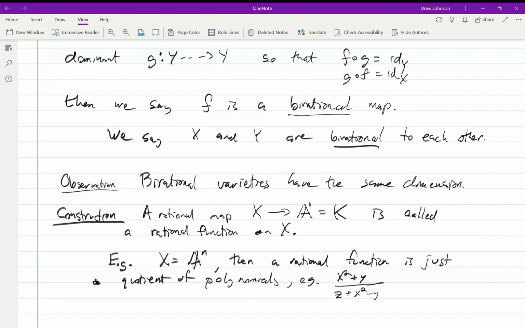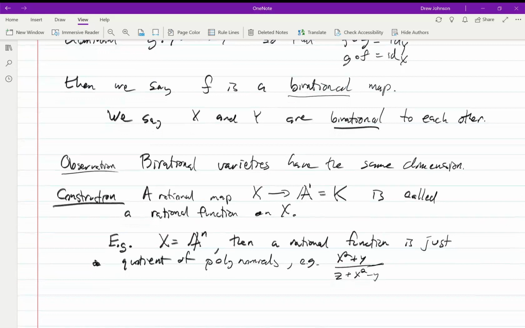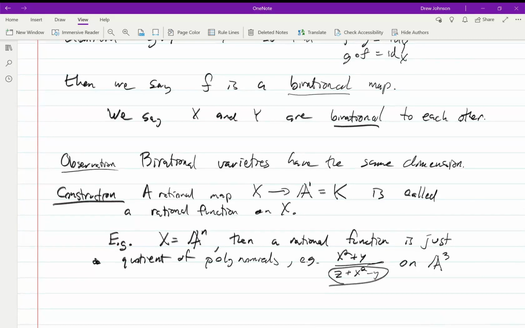Something like this is well defined as a rational function on A3. It's not defined on all of A3, but it does count as a rational function because you can just subtract out the vanishing locus of the denominator, and that will give you a function on an open subset of A3. So if you called these rational functions before, that means the same thing.